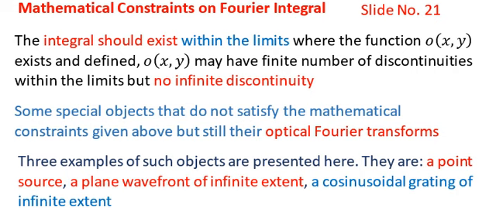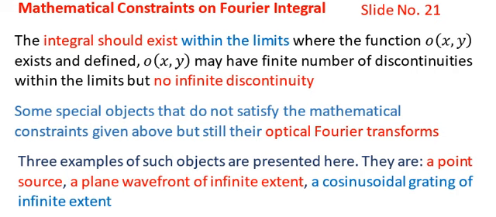One is that the integral should exist within the limits where the function o of x and y is defined. This is the first condition. The second condition is that o of xy may have a finite number of discontinuities within the limits but no infinite discontinuity, because the integral could not exist at such a discontinuity.